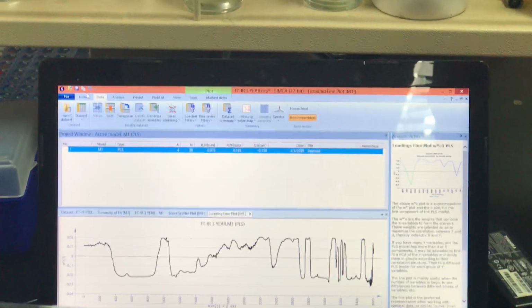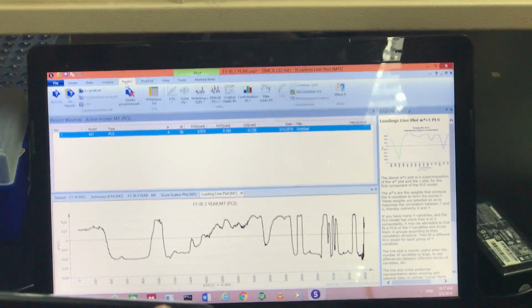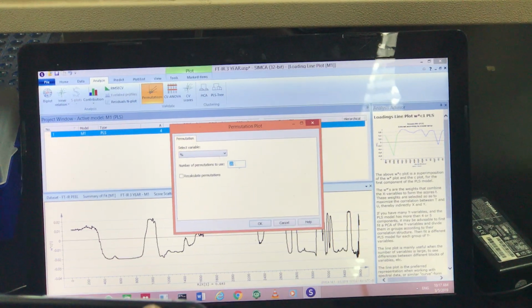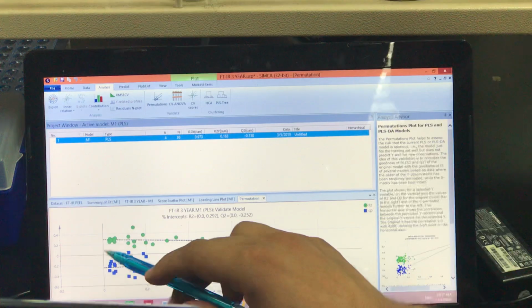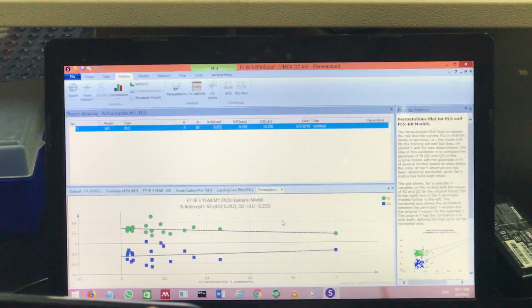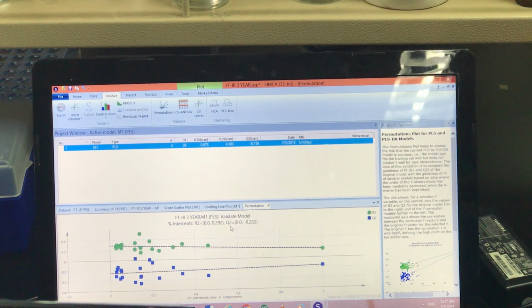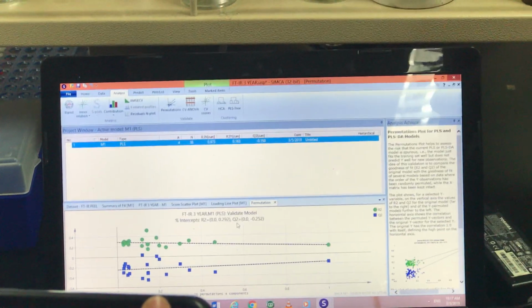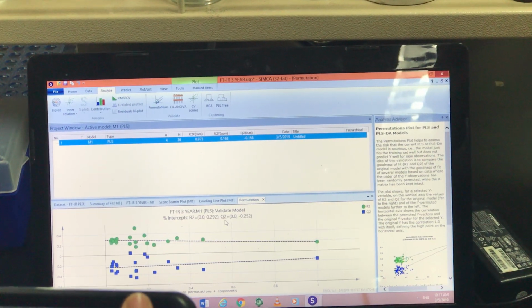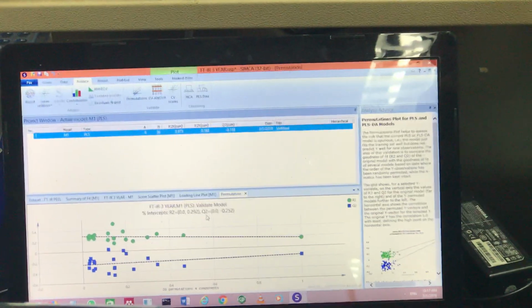You can see that to validate the model, validation, permutation analysis. You remember Dr. Alfi told you from where to where is active? Less than 3, for this permutation should be less than 0.3. Do you remember what Dr. Alfi told you for permutation?